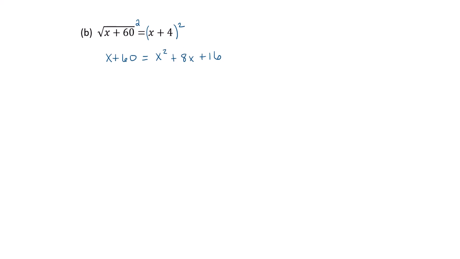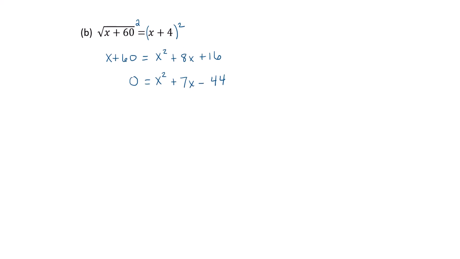Now we have gotten rid of the square root, but we have a quadratic equation. Our strategy here is to go ahead and get everything on one side equal to 0. So I'm going to subtract x from both sides and 60 from both sides. This will give me 0 equals x squared plus 7x minus 44.